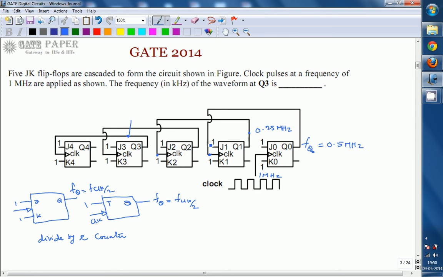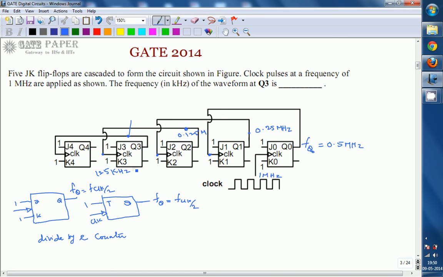The output frequency at Q2 is half of the clock frequency. Clock frequency is 0.25, so the output frequency is 0.125 MHz. 0.125 MHz can be written as 125 kHz.